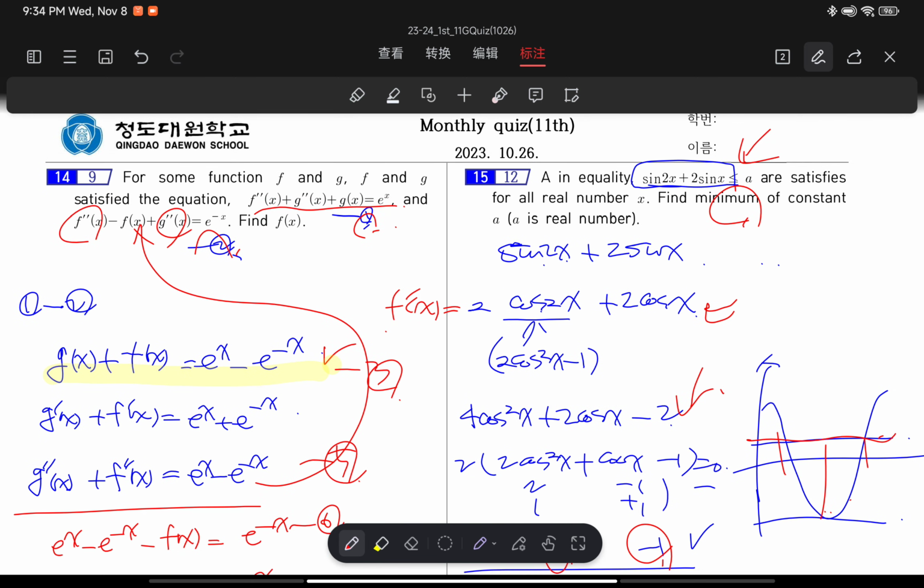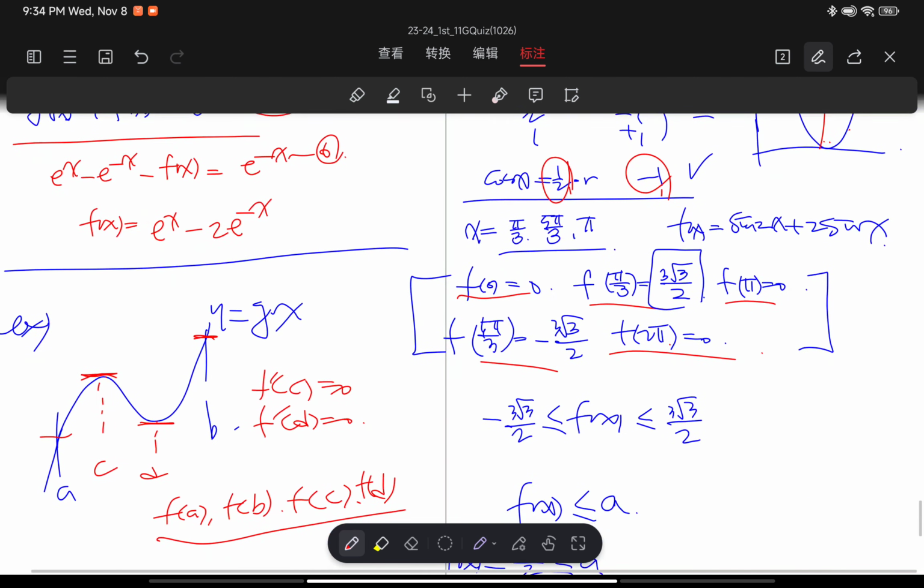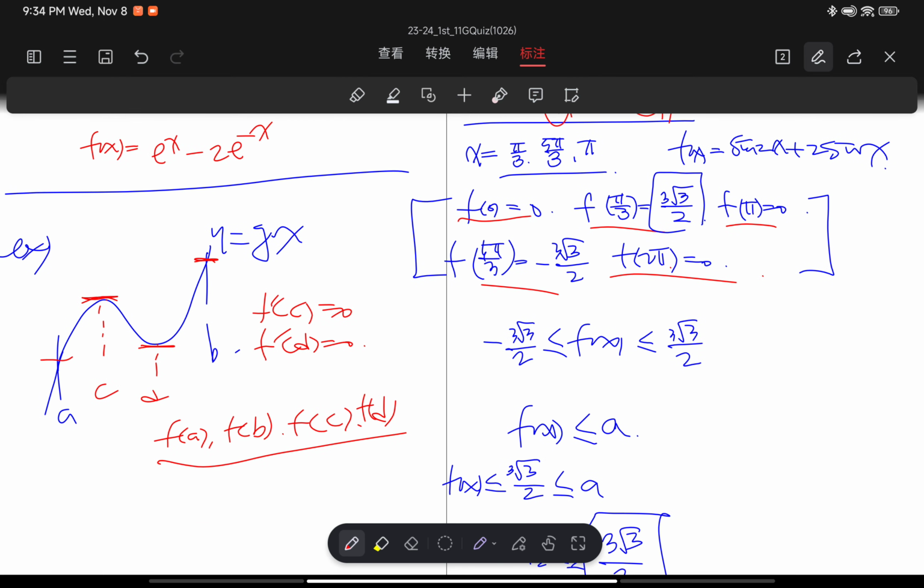So put into here, then f 0 equals 0, f pi over 3 equals 3 square root of 3 divided by 2, f pi equals 0, f 5 pi divided by 3 equals negative 3 square root of 3 divided by 2, and f 2 pi equals 0, right? So we can find the range of f x.